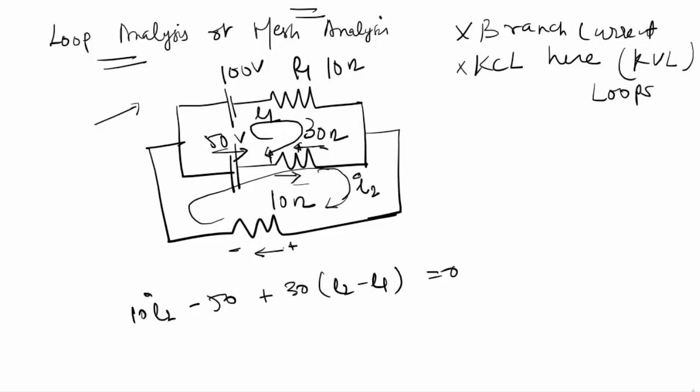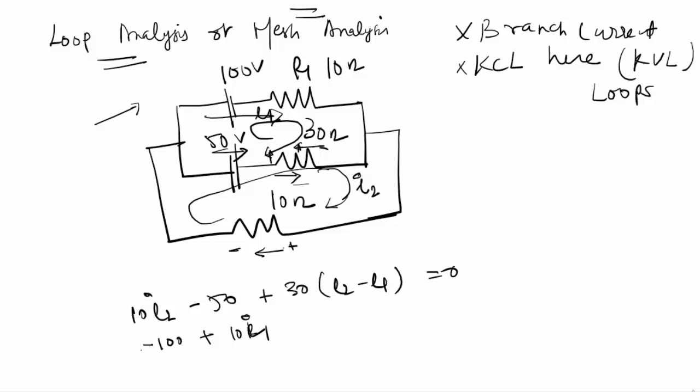And for this loop I can write, when I'm moving in this way through this loop, I will come across a voltage drop, so it will be negative 100 and plus 10 I1.